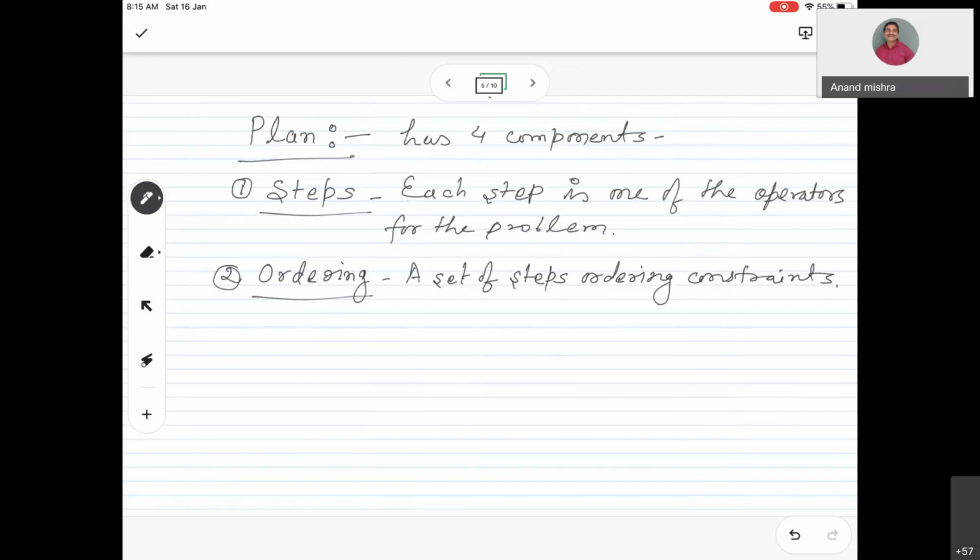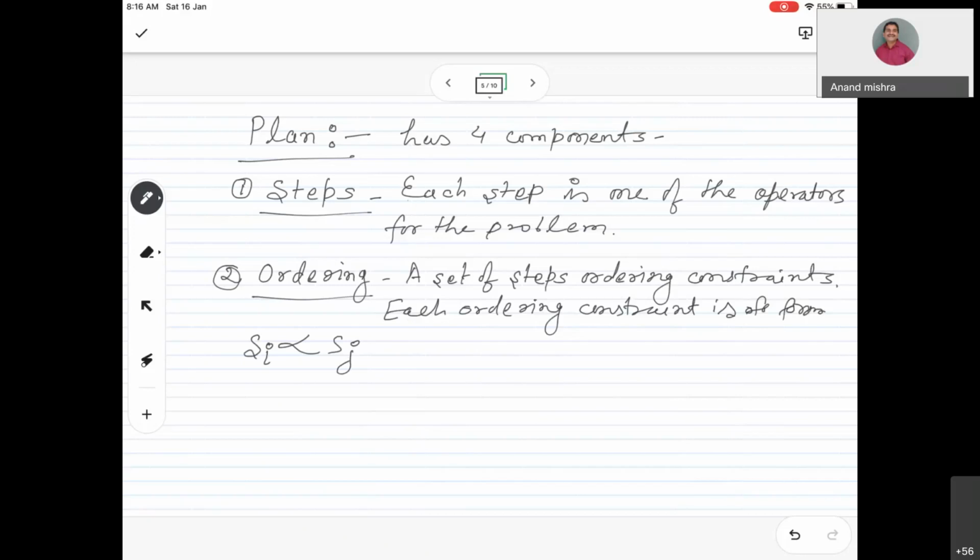Each ordering constraint is of the form Si < Sj. The notation Si is less than Sj means Si is before Sj.